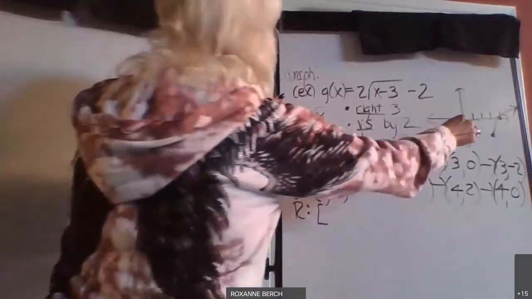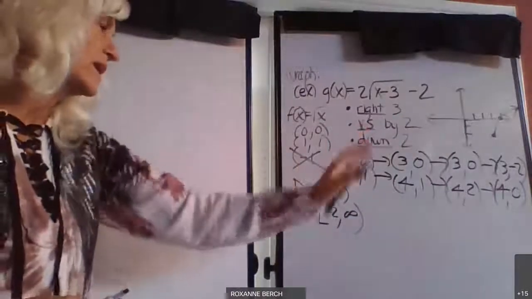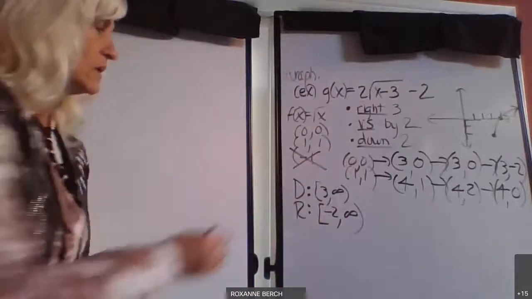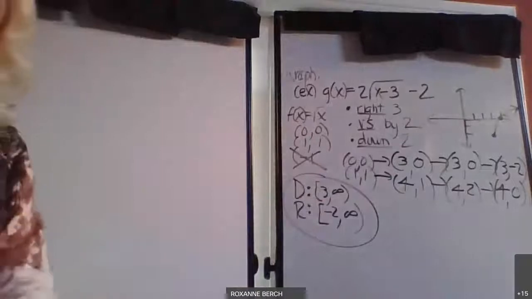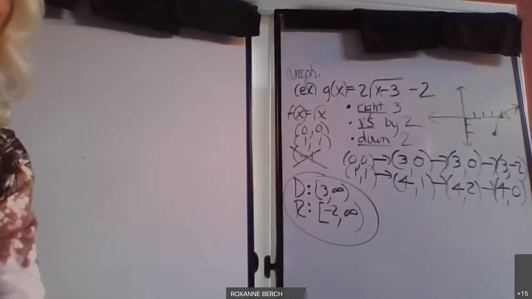From -2 to infinity. Negative 2 up forever. So this is right 3 to infinity, and the range is down to negative 2, up forever. So that would be your domain and range. You will be required to do that today. Okay, any questions about this?